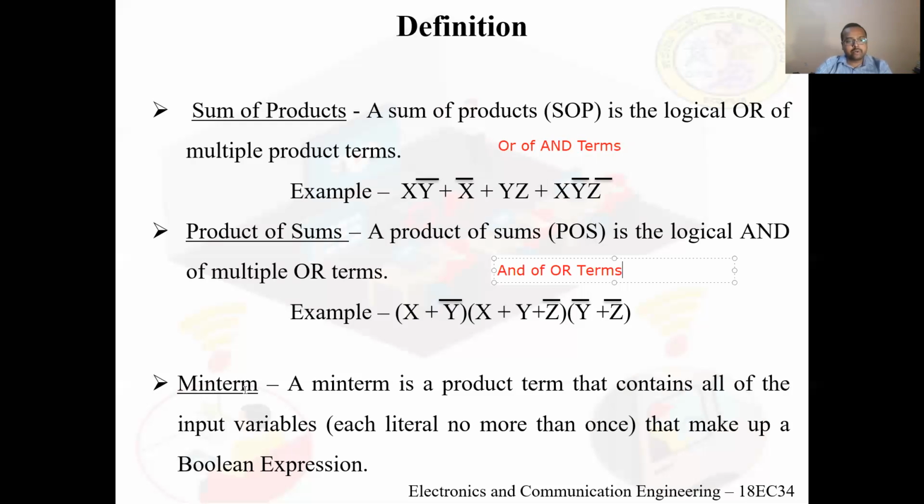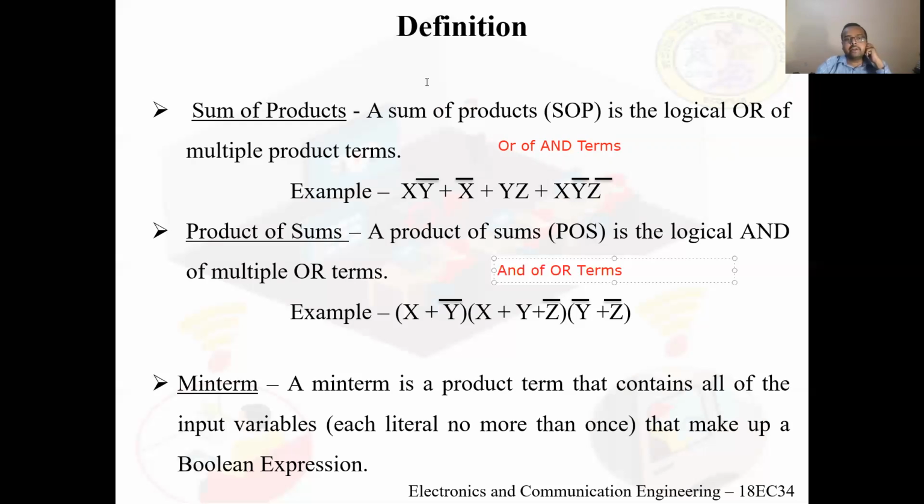Next term to understand is minterm. A minterm is a product term that contains all of the input variables, each literal no more than once, that make up a Boolean expression. Here the minterm is nothing but a product term, but what kind of product term? One that contains all of the input variables, each literal no more than once.